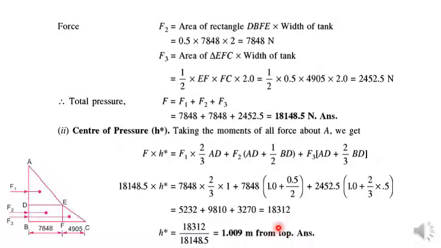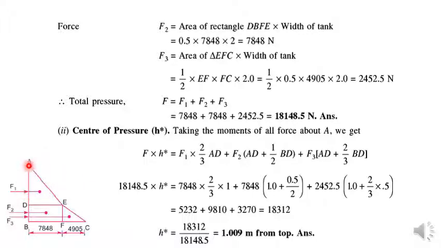Okay, so you must be very careful, because if you calculate the center of pressure from the bottom, or from any other reference point, then these values or these moment arms will be different. If you calculate it from the top, meaning from the surface of the liquid in the water tank, like point A, then your moment arms will be like this.